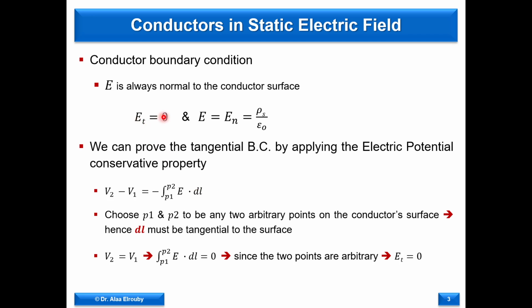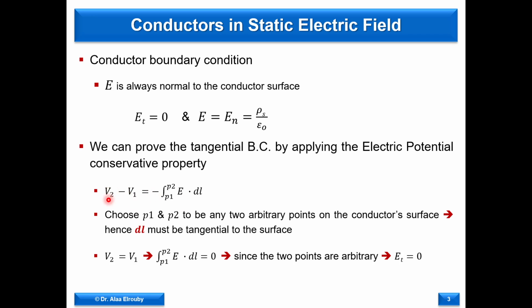We can prove the first boundary condition by applying the conservative property of the electric potential. We know, and we discussed this before, that at the surface of an equipotential, or a contour of equipotential, the electric field must be perpendicular. And we're going to repeat this again.